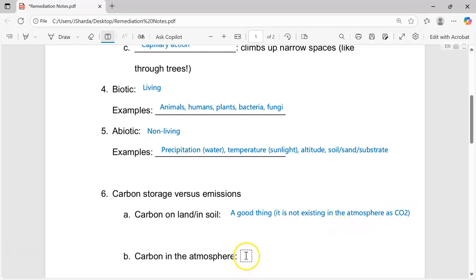So maybe we need to go there first. Carbon in the atmosphere is a gas, specifically a greenhouse gas, CO2. This leads to global warming. When you have a greenhouse gas, and especially at the amounts that we have in the atmosphere right now, you end up basically creating a layer around the earth that keeps in heat.